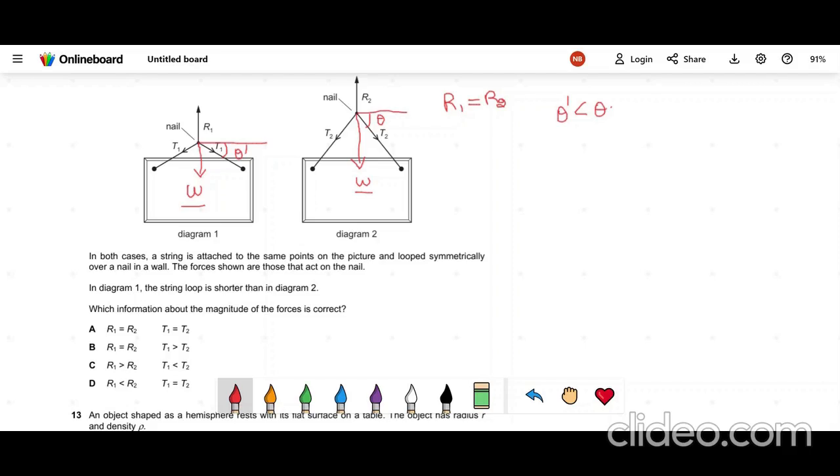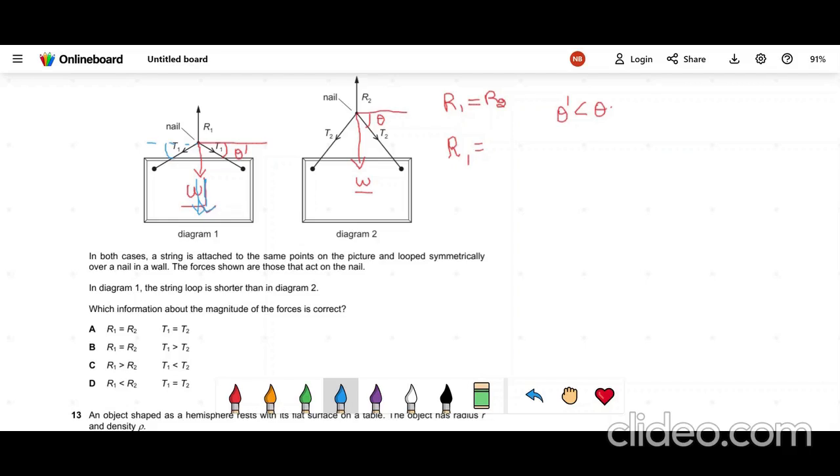So first case, what is the relationship between the R1 as well as the weight? Both are same, right? So R1 as well as tension, the relationship we can calculate this way. Look at this. There are two components acting vertically, this T1 component as well as this T1 component.